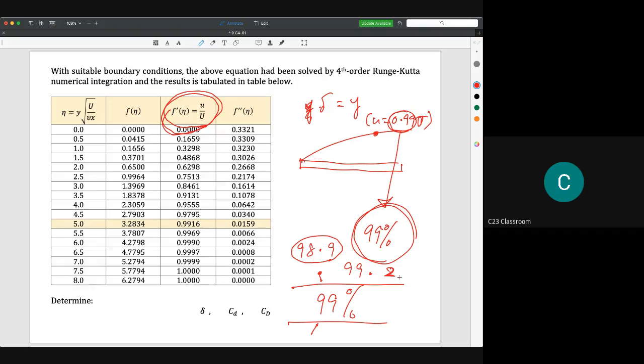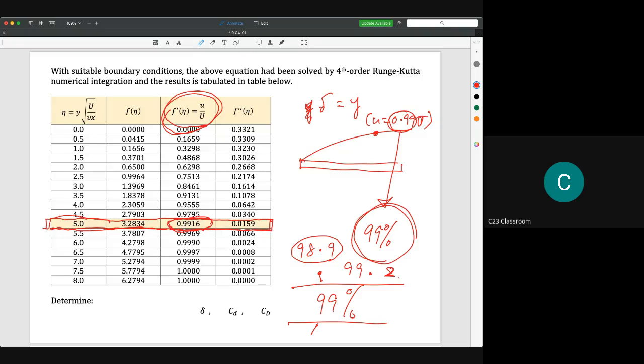From here we found that the closest value to 99% is 0.9916, so please mark this row, because the calculation will be based on this data.